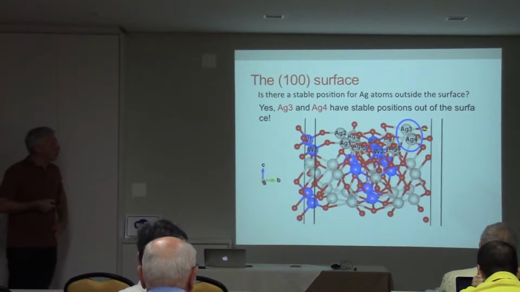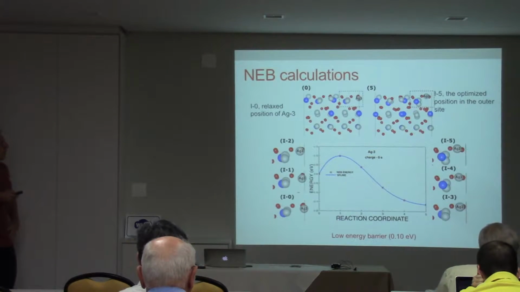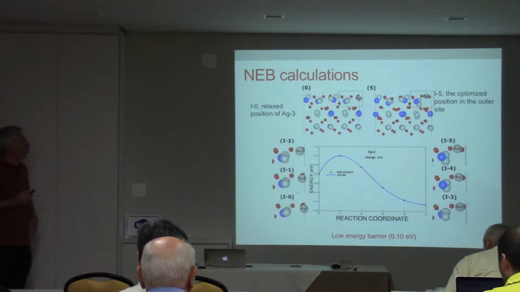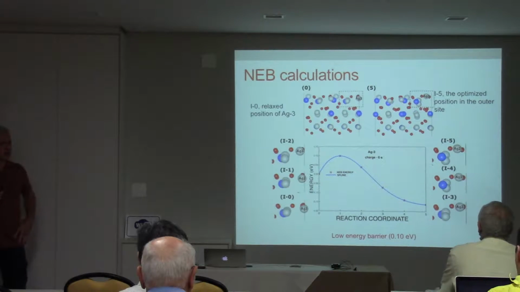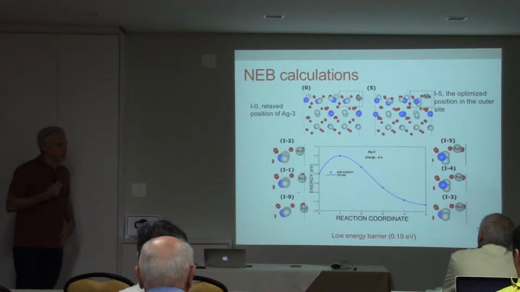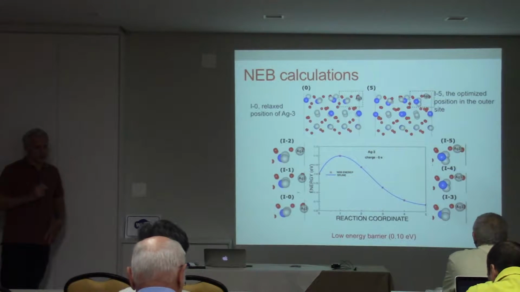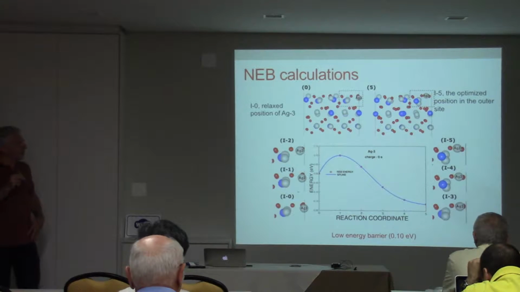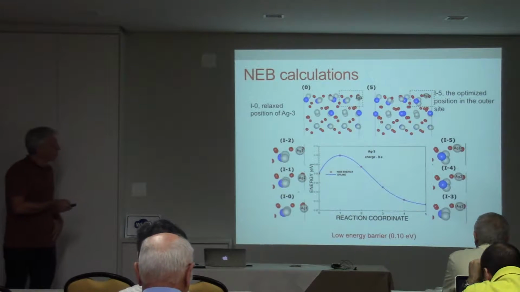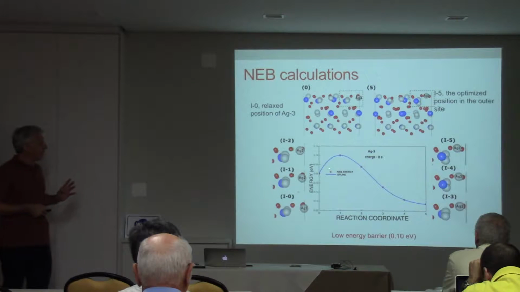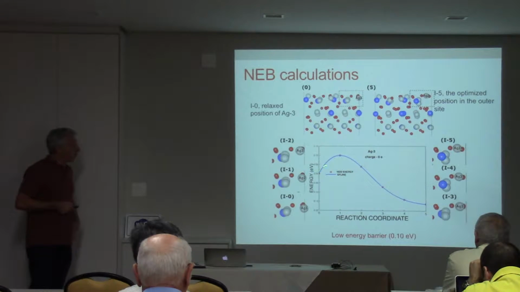We found these 2 silver atoms, and we performed nudged elastic band calculations to estimate precisely the energy barrier for these atoms to diffuse outside. And we find that the barrier is very low.